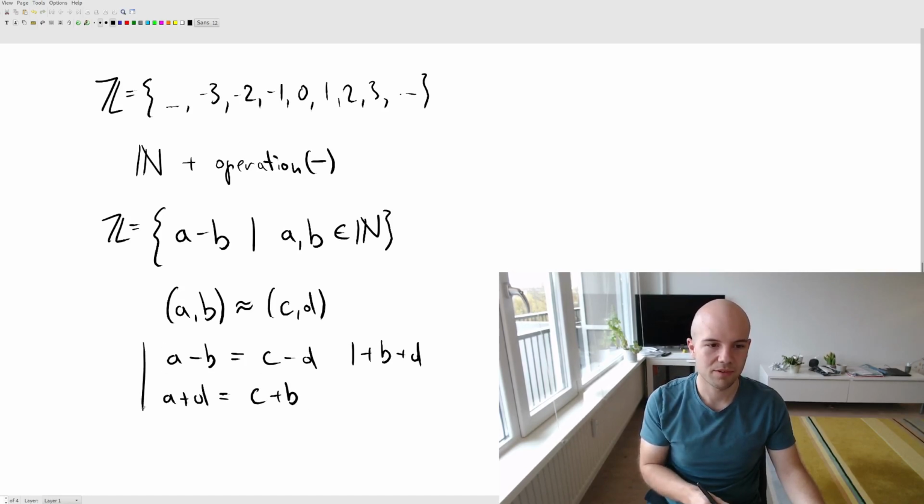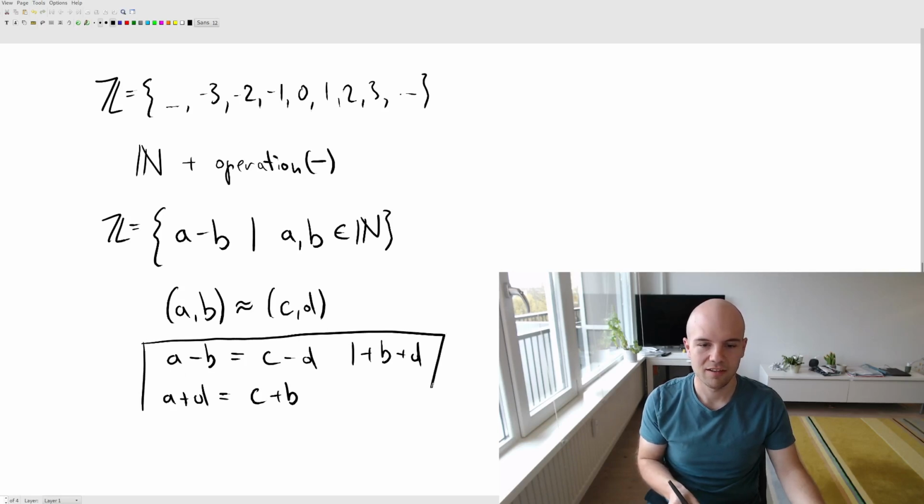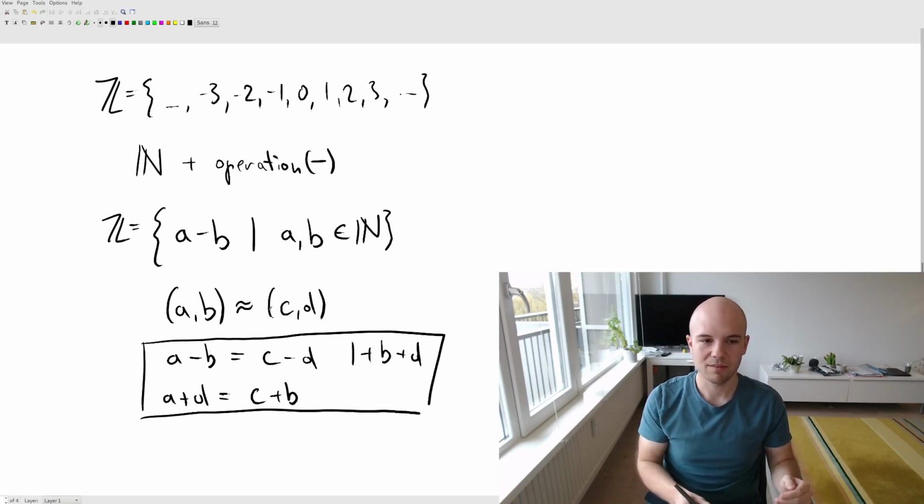This is the idea we have here. In the end, we want the pairs to represent subtractions. And if they represent subtractions, then they also need to satisfy this property: if those two subtractions are equal, then a plus d is equal to c plus b.